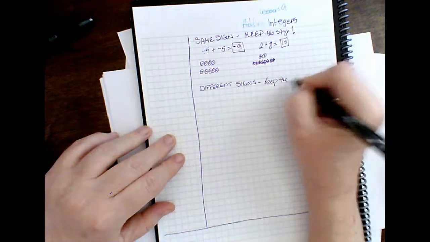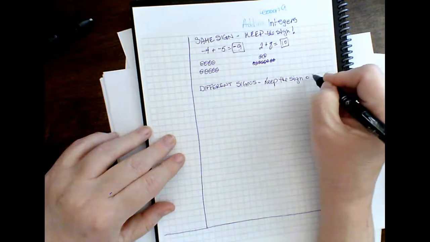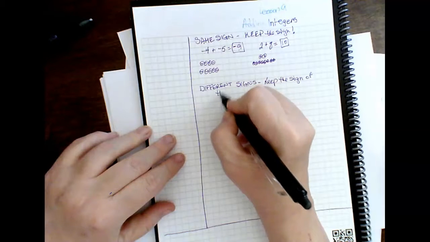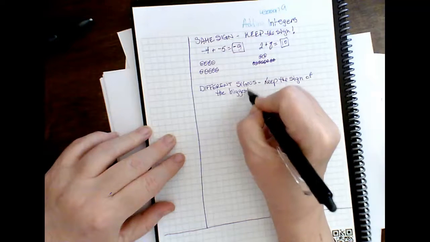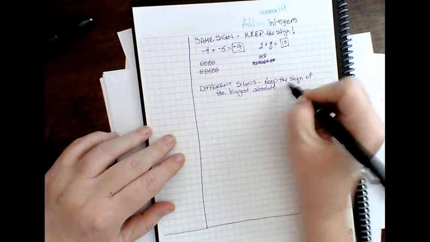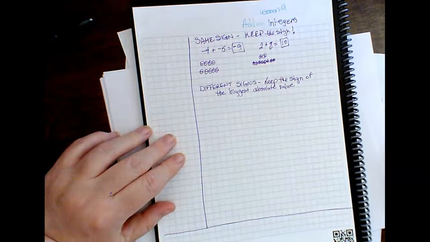Keep the sign of the biggest absolute value. Okay? You're going to keep the sign of the biggest absolute value.